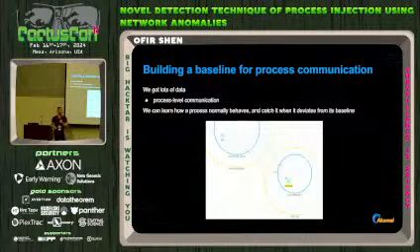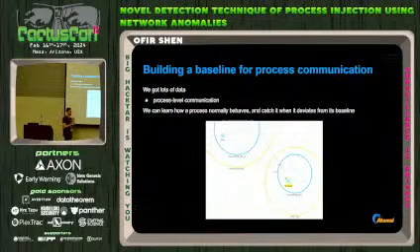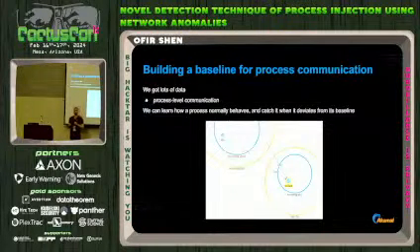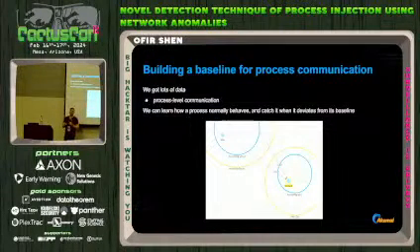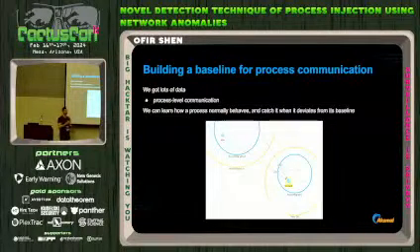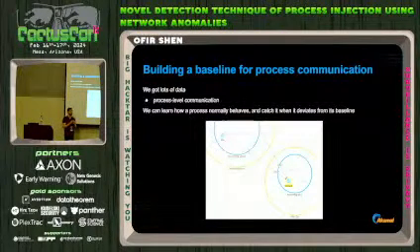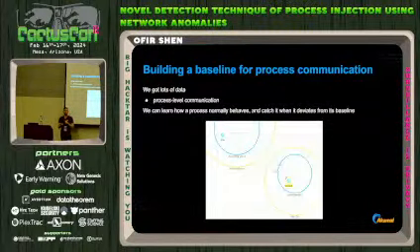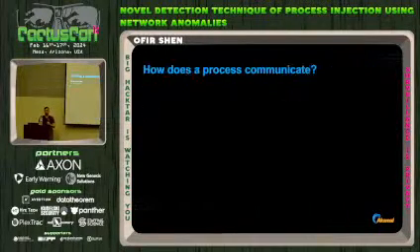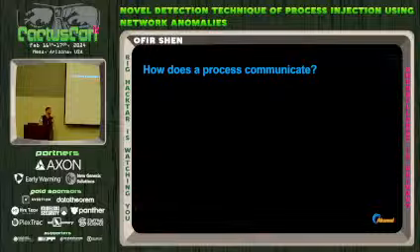So what can we do with it? Think that we have months and months of this communication data from so many networks. We can basically learn how each process behaves, and then when the process behaves differently or in an anomalous way, we can catch it doing anomalous things and start investigating. So how does a process communicate?